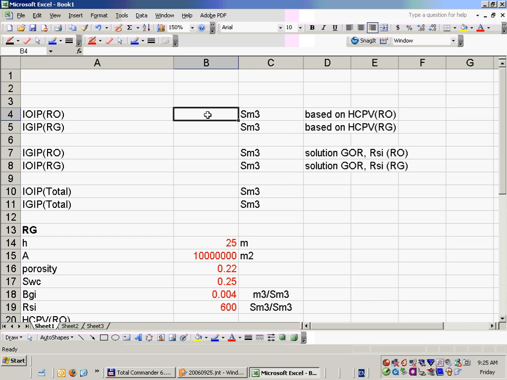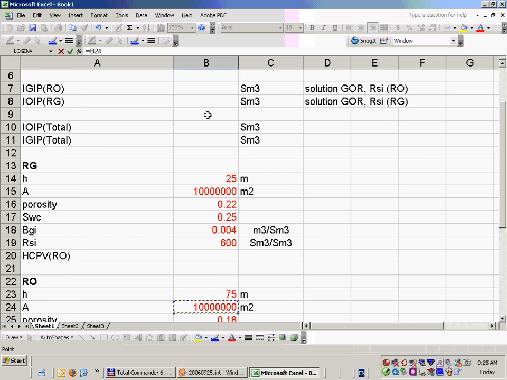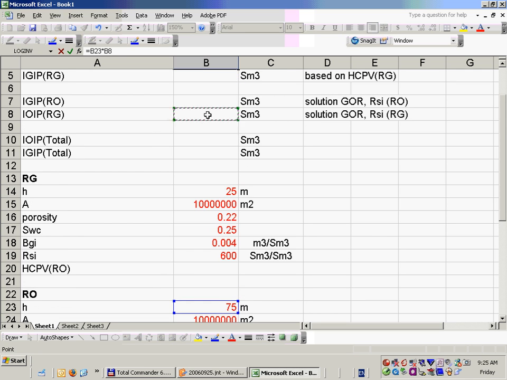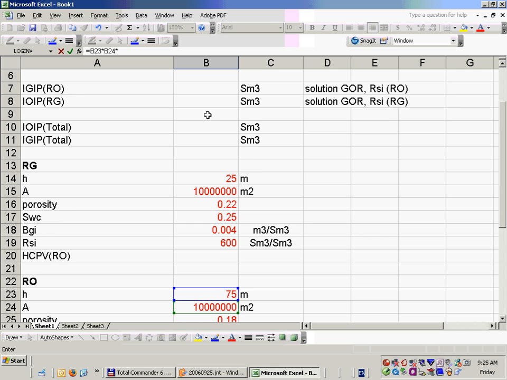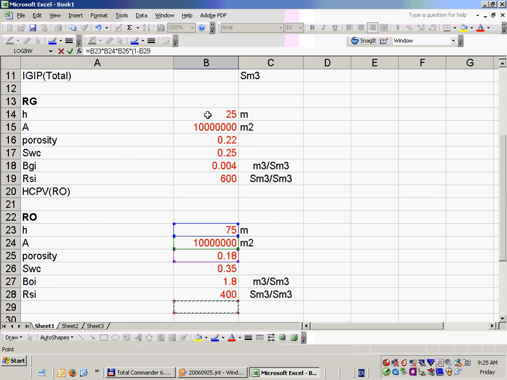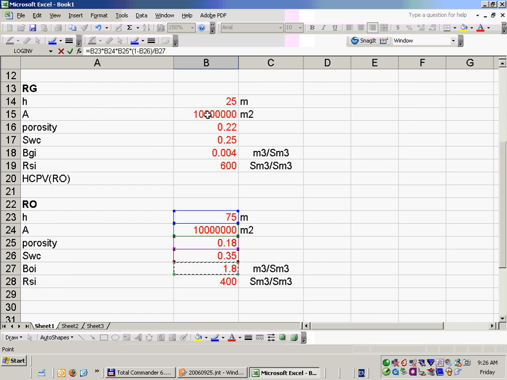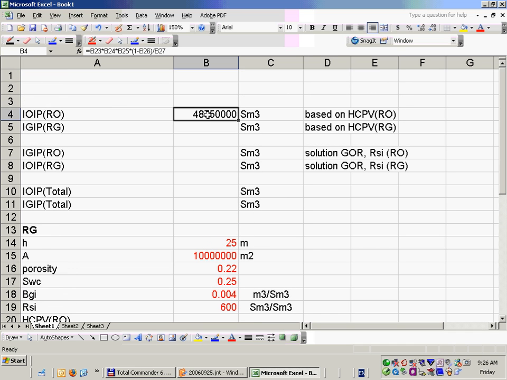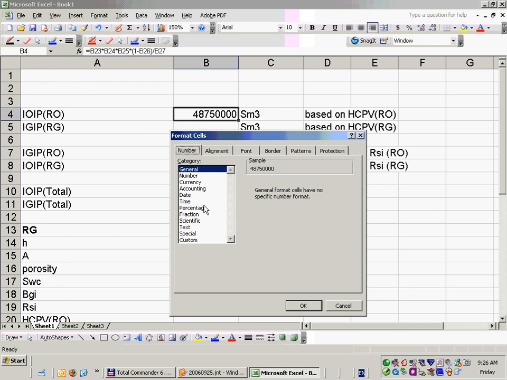Okay. So basically, we go down here. The initial oil in place from the reservoir oil. We have to go down to the reservoir oil part. We got the thickness, the area, the porosity, the 1 minus water saturation there, and then divided by the Boi. There we go. And that's going to be a big number, so I'm going to put it into a kind of scientific format.